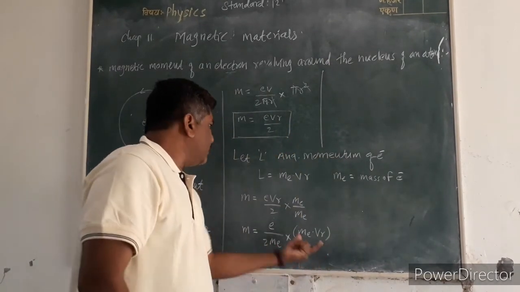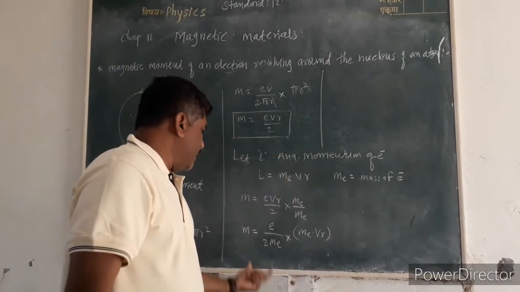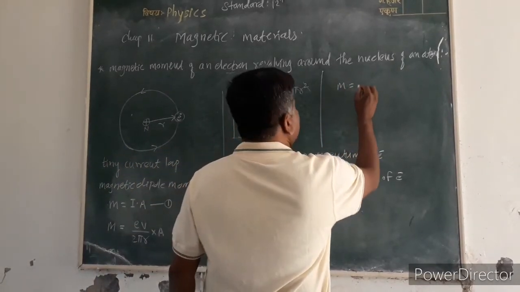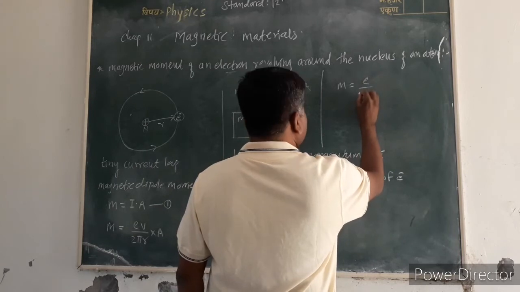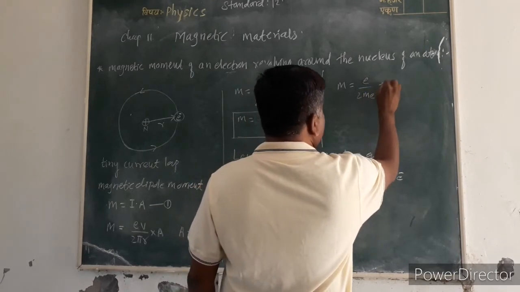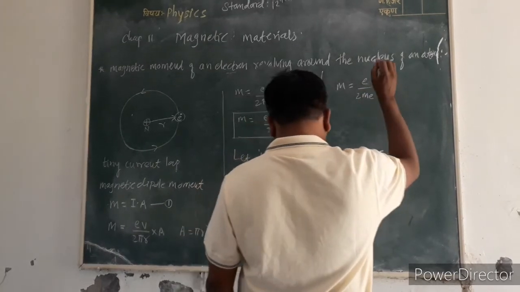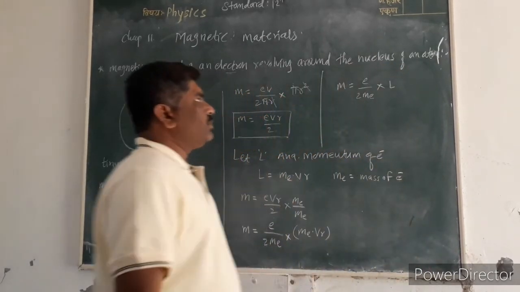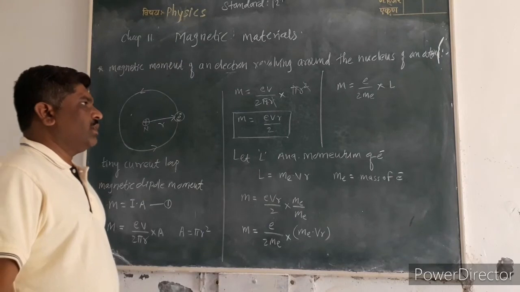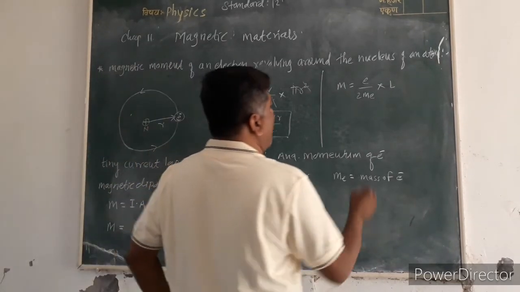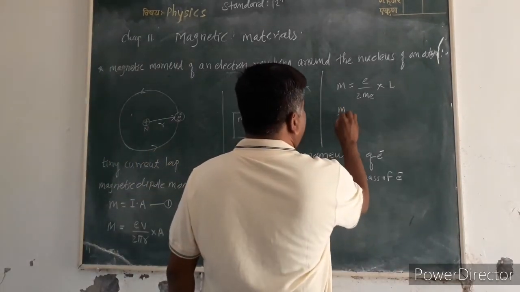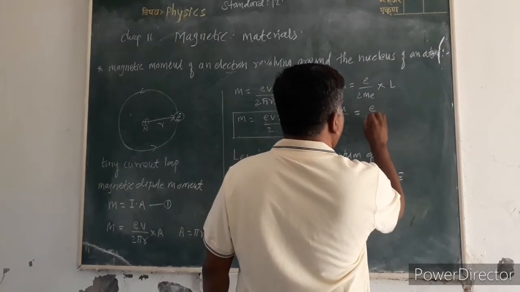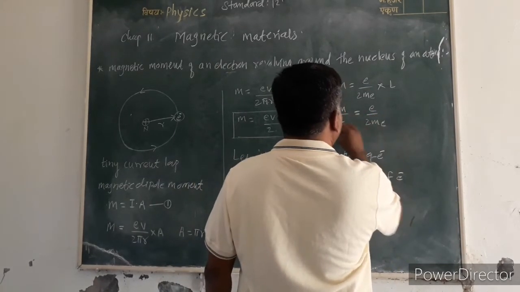This bracket is nothing but angular momentum. Therefore, M is equal to e upon 2 m_e into L, or M upon L is equal to e upon 2 m_e.